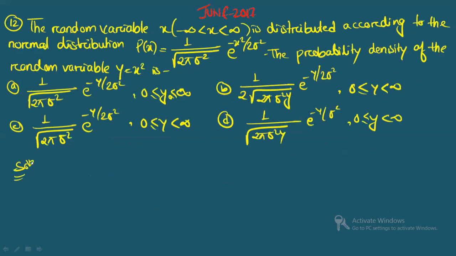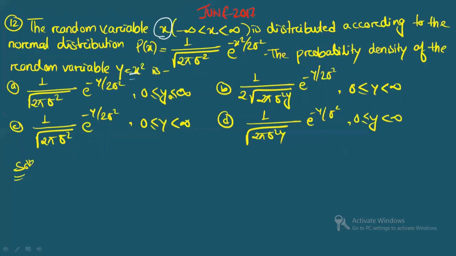Clear? Next question, question number 12. Here it is said the random variable x, where x is greater than minus infinity but less than infinity, is distributed according to the normal distribution. P(x) is 1 by root over 2 pi sigma square e to the power minus x square by 2 sigma square. The probability density of the random variable y equals x square is.